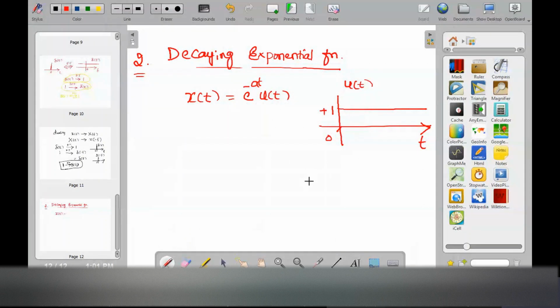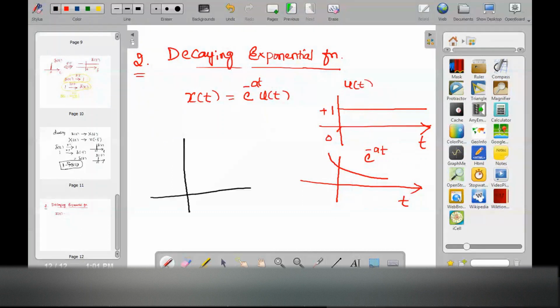Then e raised to minus at, how will it be? This is t, so it will be like this. This is my e raised to minus at. Then what is x of t? I will write x of t here. This is my u of t, and this is my e raised to minus at.